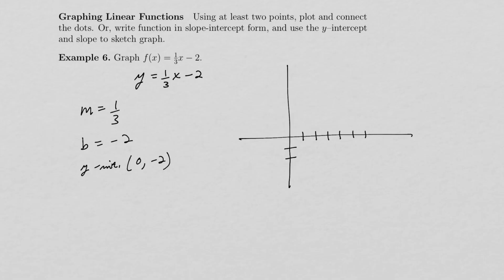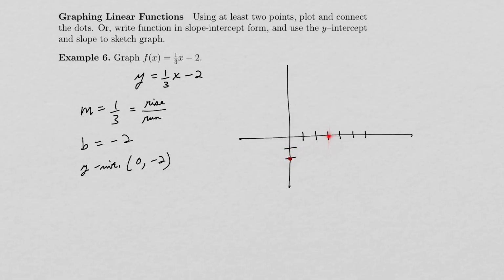So if I want to graph this, I definitely know 1 point, right? The y-intercept right there. And then the slope tells me that if I move 1 in the y direction, +1, this is like my rise, and then +3 in the x direction is like my run, that'll give me the next point on the graph. If I move up 1 and then over 1, 2, 3, that must be another point.